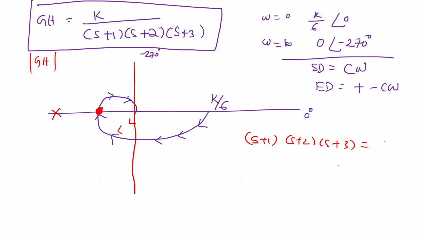Suppose in this question an s plus 4 is there, just for example; then all 4 terms you multiply. So first multiply all the terms. Once you multiply, it will give you s cubed plus 6s squared plus 11s plus 6 equal to 0.